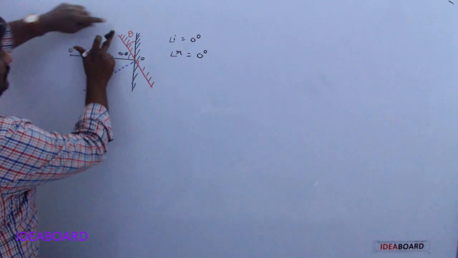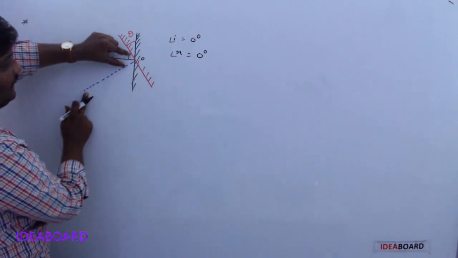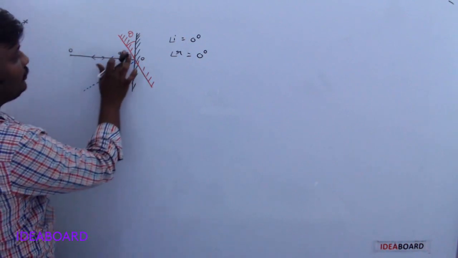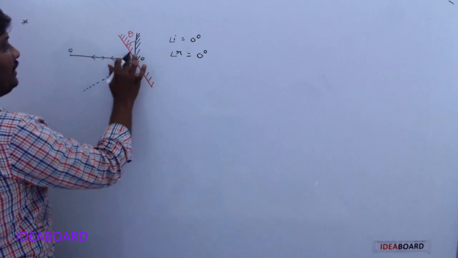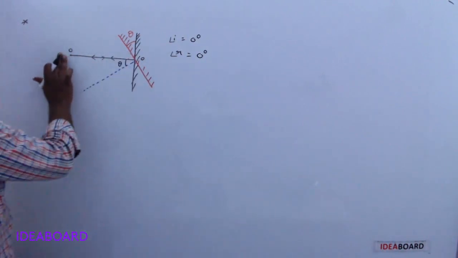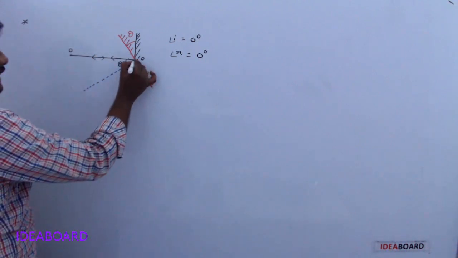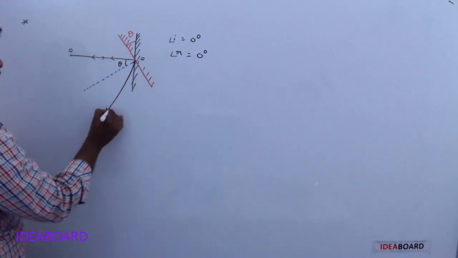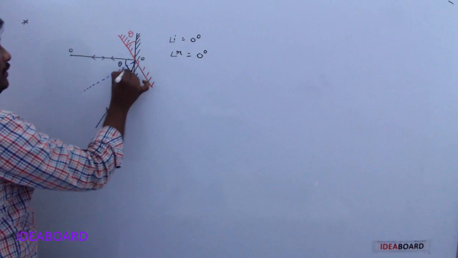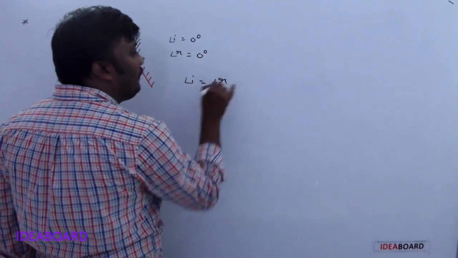This is the mirror, and this one is the normal. Normal means 90 degrees. Out of 90, 90 minus theta is used, so what is the angle here? Theta. So the incident ray makes an angle theta with the normal, then the reflected ray also makes the same angle, because from the laws of reflection, the angle of incidence is equal to the angle of reflection.